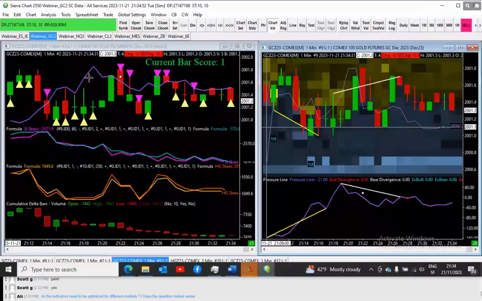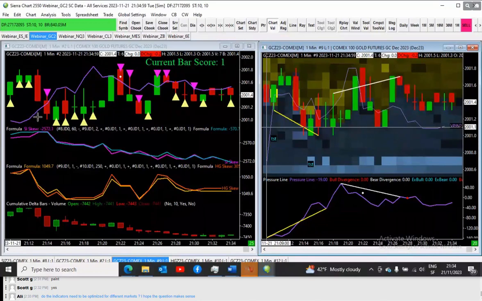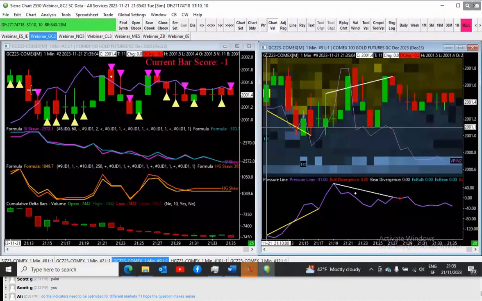Usually you don't want to trade against this direction. You can see here it actually turned up prior to that sell signal. Now, the bar went down, so you probably could have made 1 or 2 ticks on that down bar. But the indication from the pressure line is don't expect this to go very far, because momentum is upwards.